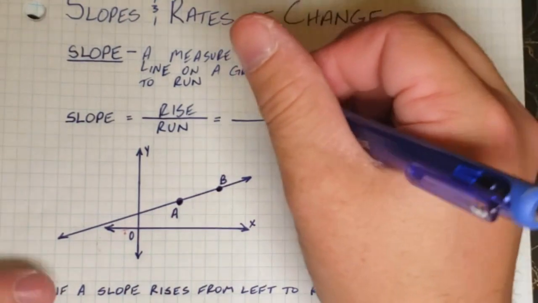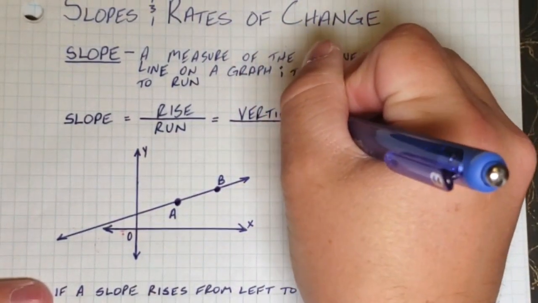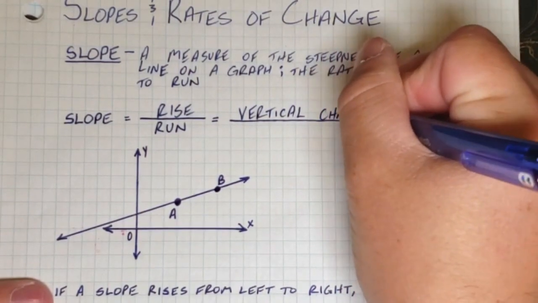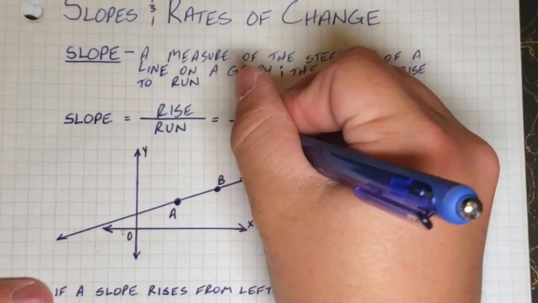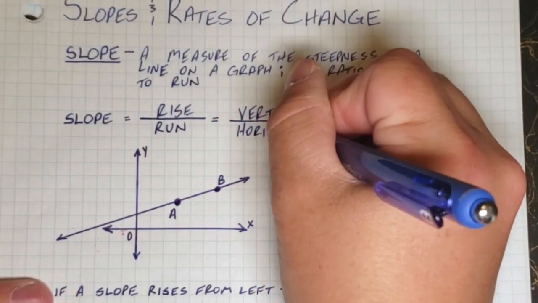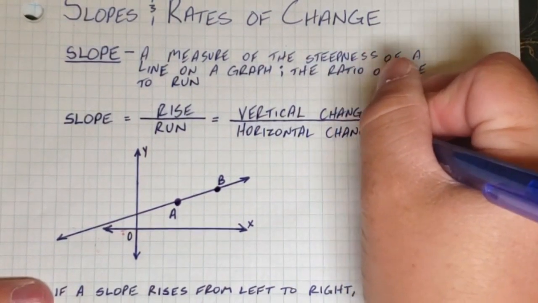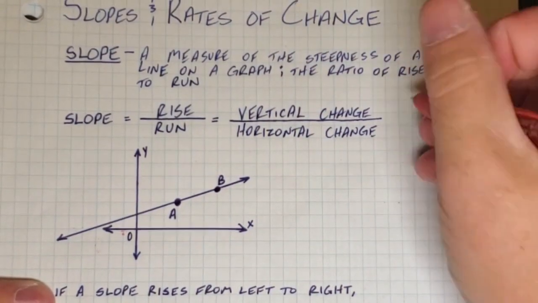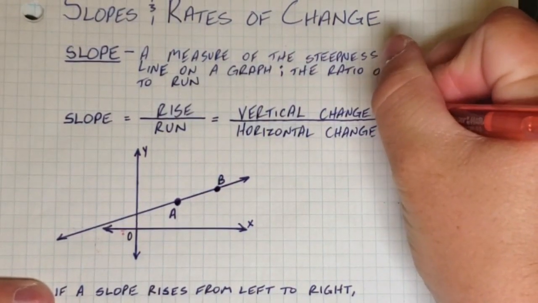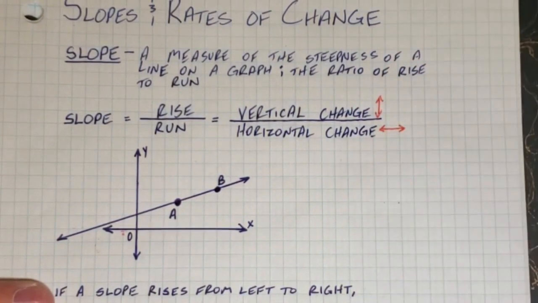In other words, the amount of vertical change as compared to the amount of horizontal change. All right, so again, how much does it change up and down over how much does it change side to side? A lot of times slope is written as a fraction.